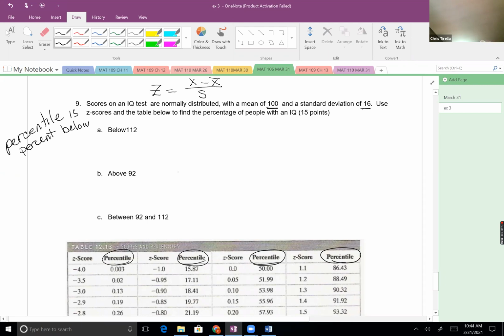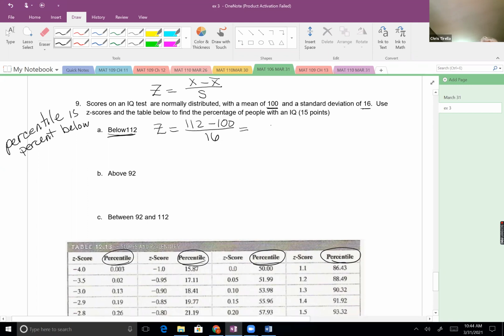So if I want the percent below 112, I'm just going to find the percentile. My z-score is that value minus my mean divided by my standard deviation. My value is 112, my mean is 100, my standard deviation is 16.